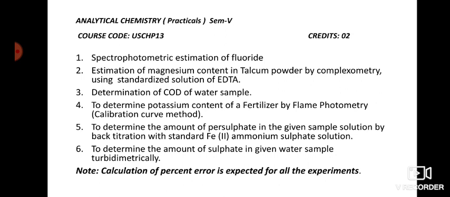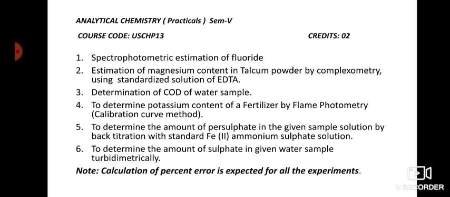The fifth practical is to determine the amount of persulfate in the given sample solution by back titration with standard ferrous ammonium sulfate solution. This is also a non-instrumental practical. The last practical is to determine the amount of sulfate in a given water sample turbidimetrically. This is an instrumental practical.